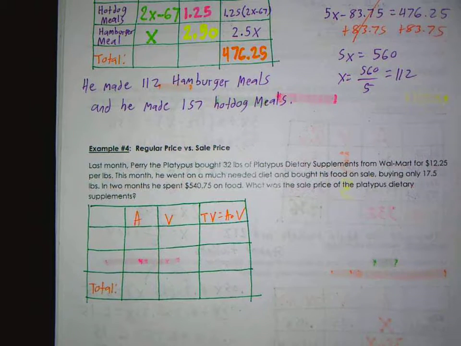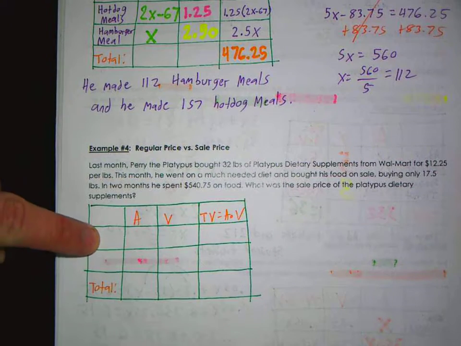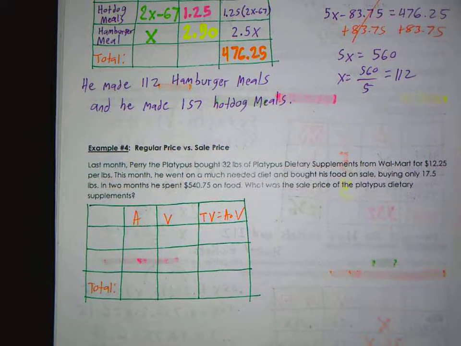And he knows in 2 months, so last month and this month, he spent $540 and some change on food. So what was the sale price of the platypus dietary supplements? What goes here? Any idea? Is it platypus dietary supplements?